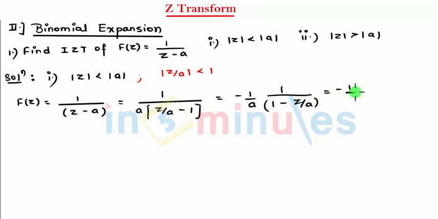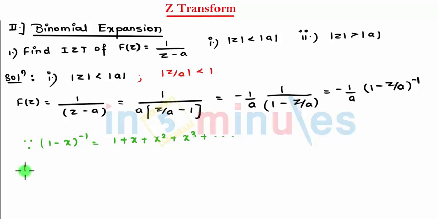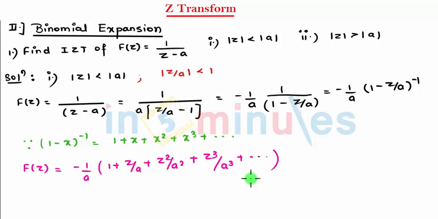So which we can write as minus 1 by a, 1 minus z by a raised to minus 1, which changes to a binomial expansion formula. Hope you might be knowing, then also I'll discuss. We have a formula that 1 minus x raised to minus 1 is 1 plus x plus x square plus x cube plus dot dot dot. With respect to this, f of z is equal to minus 1 by a, which is constant, times 1 plus z by a plus z square by a square plus z cube by a cube and it continues.